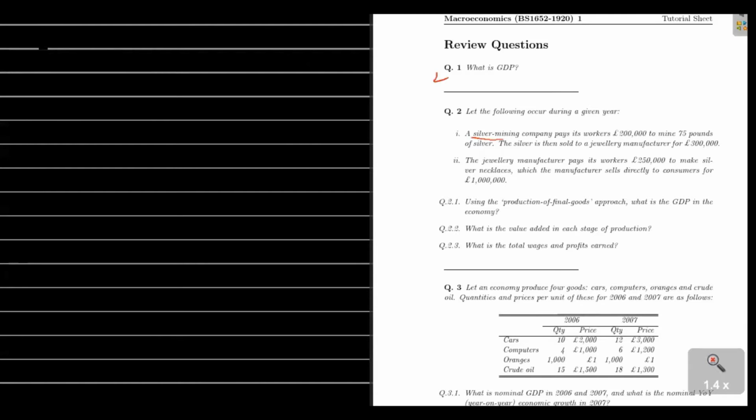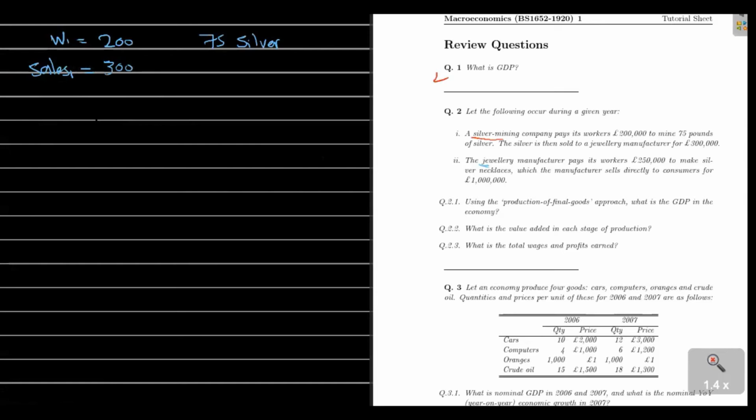Let's say firm 1 pays its workers W1 equal 200,000 pounds, and they produce 75 pounds of silver, which they sell to the second company, the jewelry manufacturer. Sales from firm 1 are 300,000.